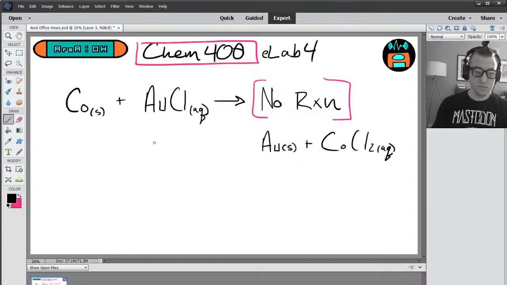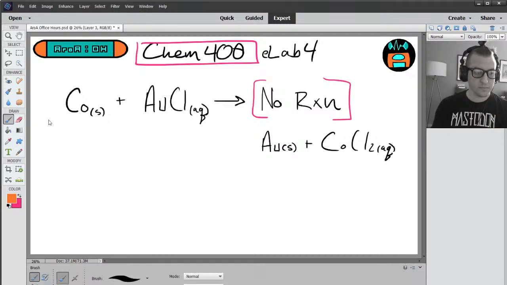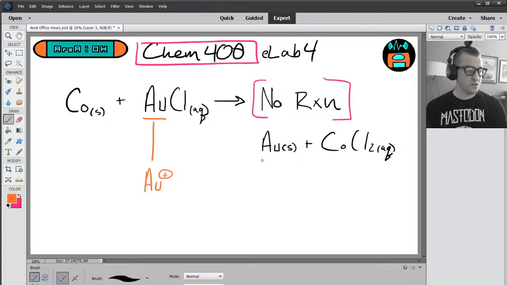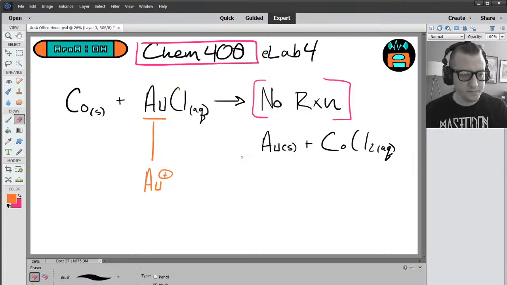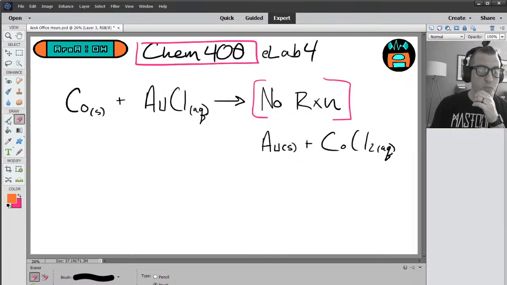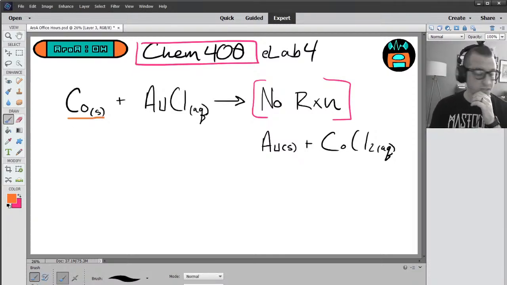What that tells you is that when you compare the two metals, we're comparing cobalt versus gold. Sorry, it's my 2-year-old who's on his way to nap time, which is never fun.